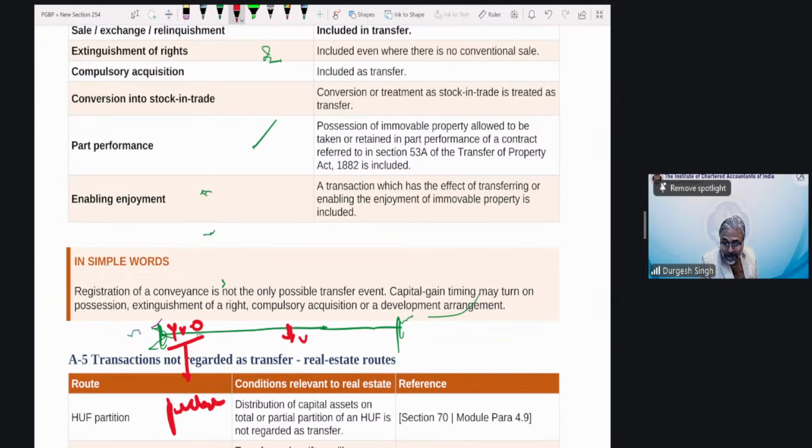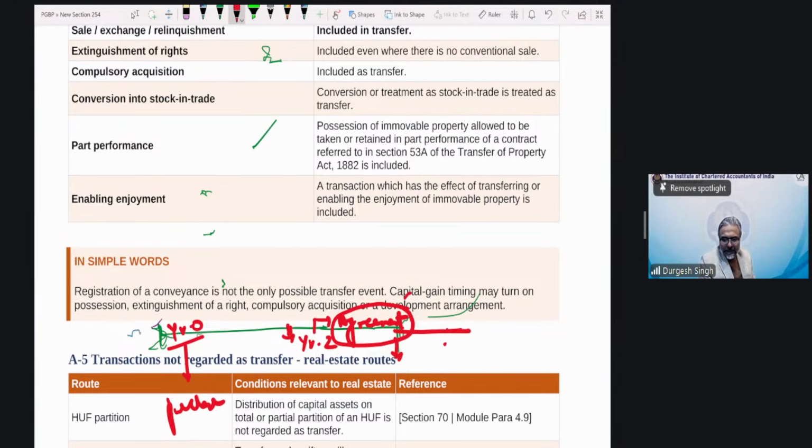Then in year 2, students, what have we done? The agreement was entered into, students. When the agreement was entered into, as per the agreement, we entered into the agreement.